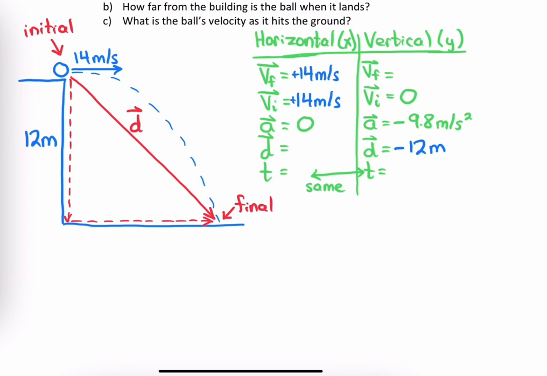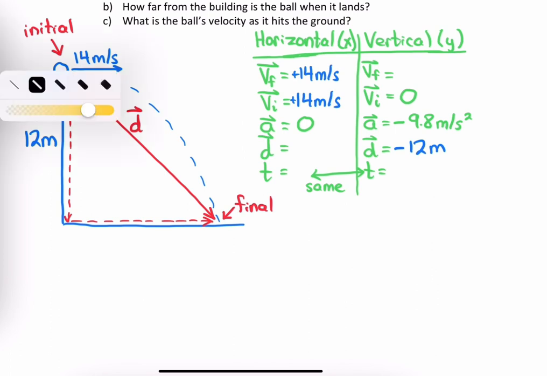Now, the reason I've chosen green for some of these numbers and blue for others is because the stuff in green is going to be the same for every single problem you do that's a projectile with horizontal initial velocity, right?